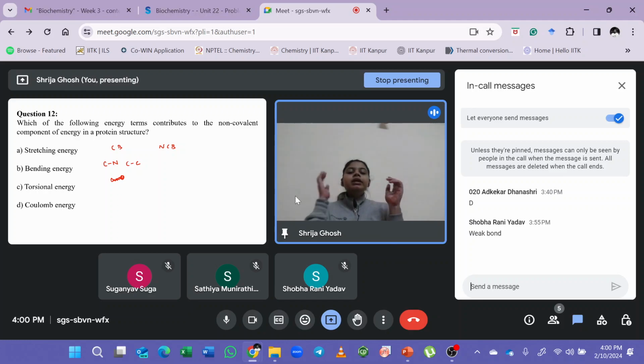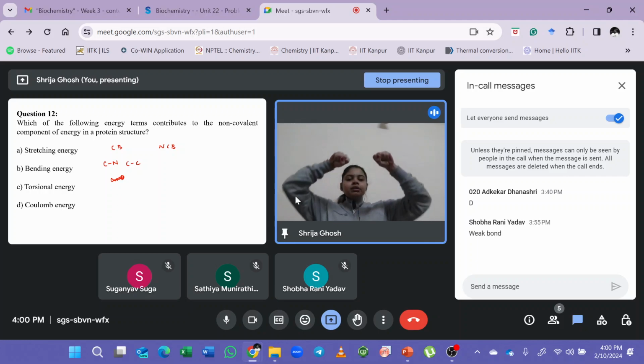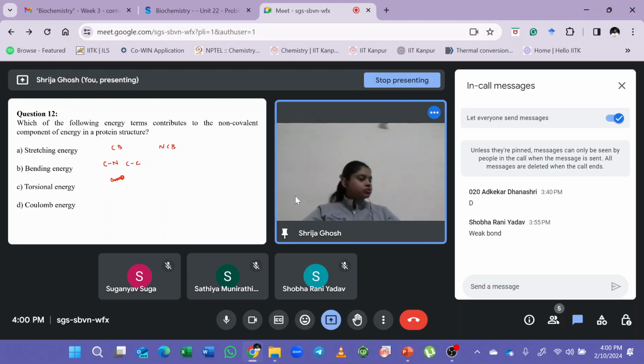Similarly, if I have a bond between two atoms, it can bend. Let's say this pen is the bond between two atoms. Imagine two atoms attached via this pen, and imagine it as a flexible pen, as a spring.